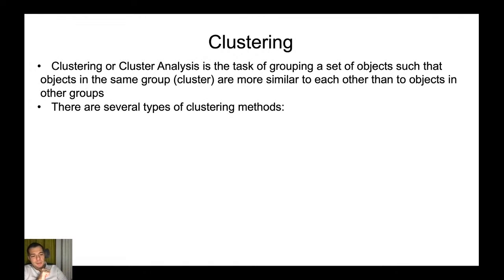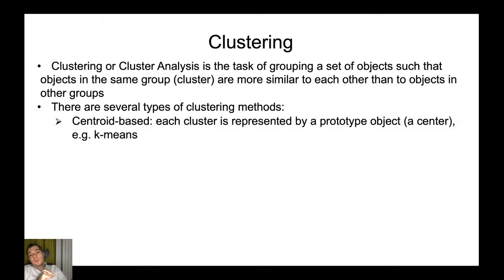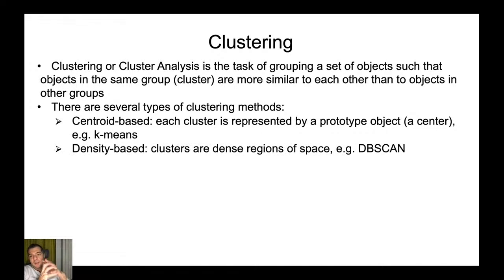As I said before, there are several clustering algorithms, and we can create a taxonomy of clustering algorithms based on the approach. First we have centroid-based approaches, in which each cluster is represented by a prototype object, a center. Here we have k-means and variations of the k-means algorithm.